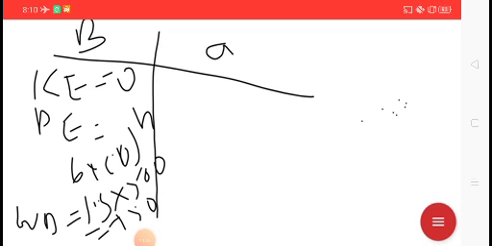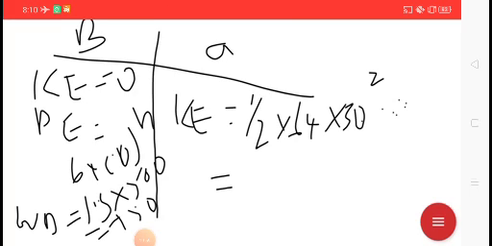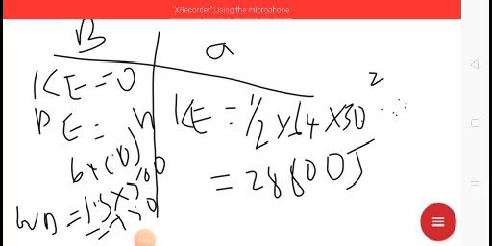Okay, for after, you have KE at the bottom. You have 1 over 2 times 64 times 30 squared. So here you have 288,000 joules. And we reach the bottom of the hill, so PE equals 0.